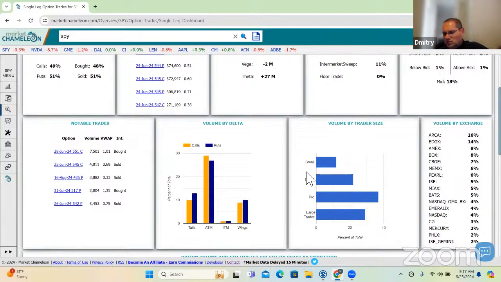If we see a little bit bigger size, up to like $50,000 and under 50 contracts, we'll say okay, this looks more like a retail trader, but a bigger size retail trader. So if you combine the small and retail, it's usually more in line with a retail size trade.